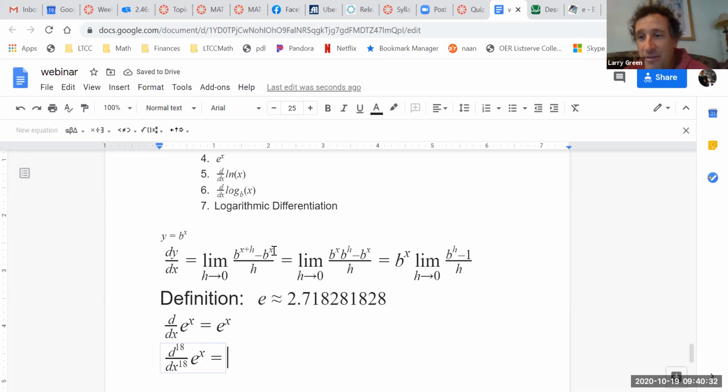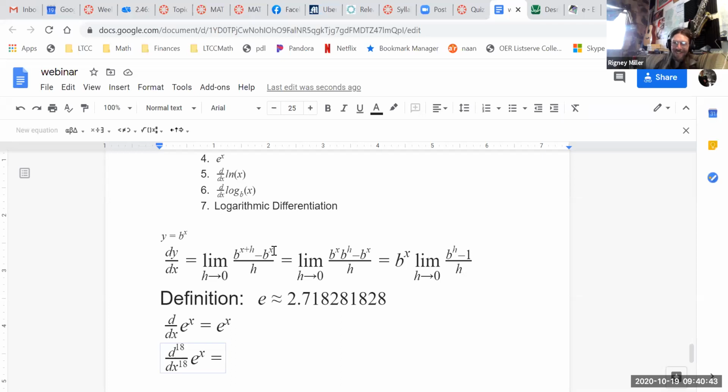What's the 18th derivative of e to the x? E to the x. Yeah, it's e to the x.